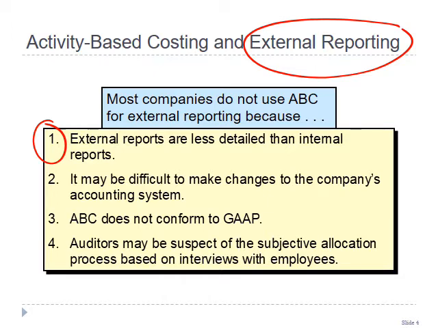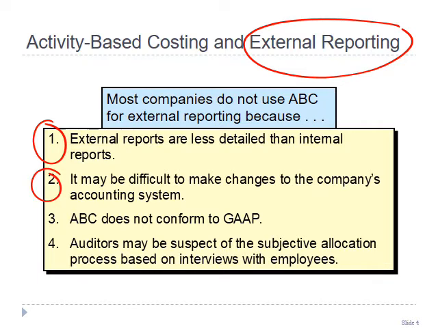For example, external reports only disclose cost of goods sold and ending inventory. Therefore, if some products are undercosted and others are overcosted, the errors tend to cancel each other when the product costs are added together, right?